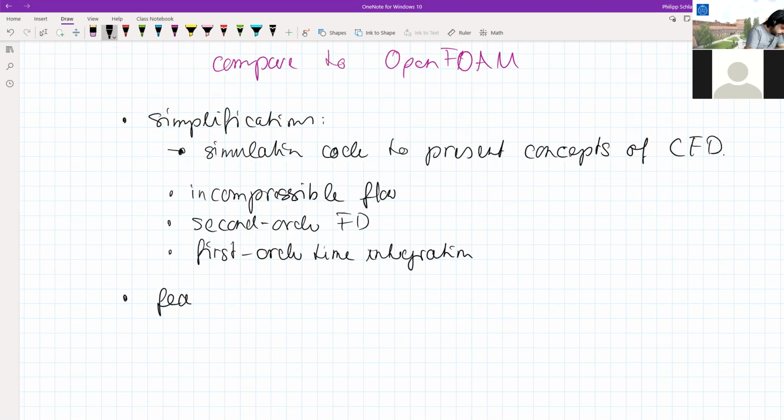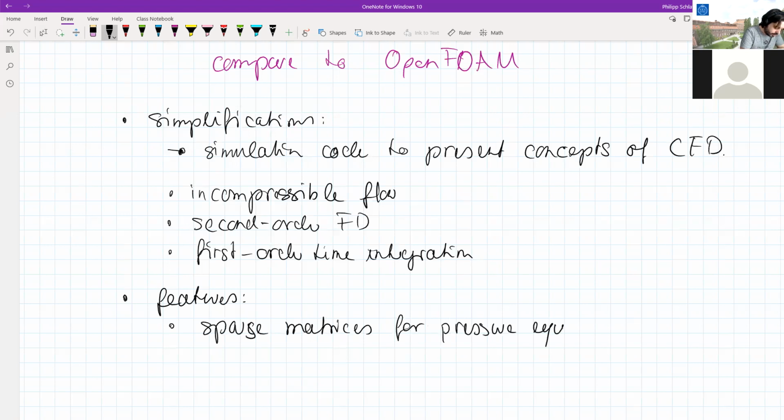However, there's also a number of things that we actually do in quite advanced ways. So if we call it the features of the code, well, we actually use sparse matrices for the pressure Poisson equation, for the pressure equations, which actually make it reasonably efficient.